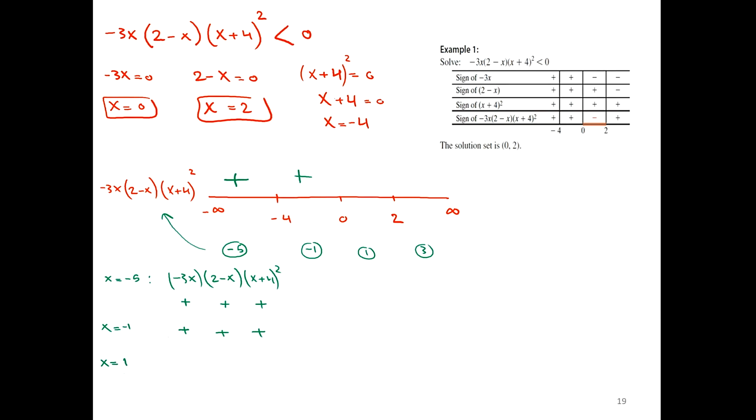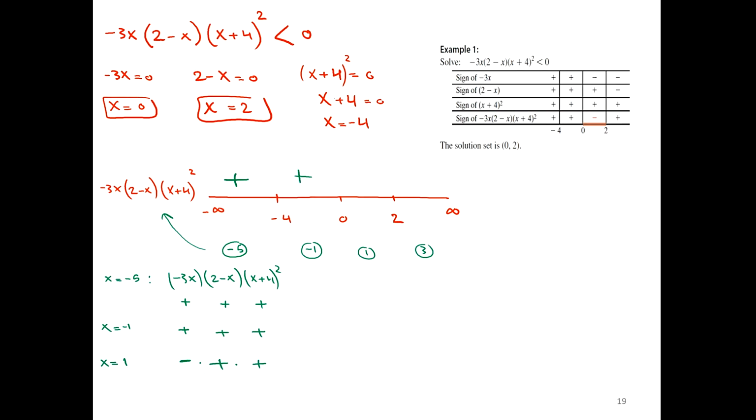After substituting 1, negative 3 times 1 is negative, 2 minus 1 is positive, and 1 plus 4 squared is positive.